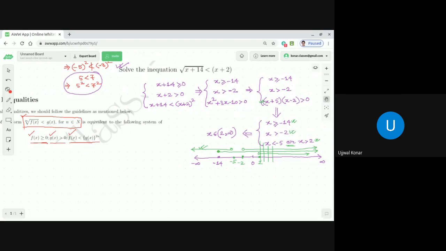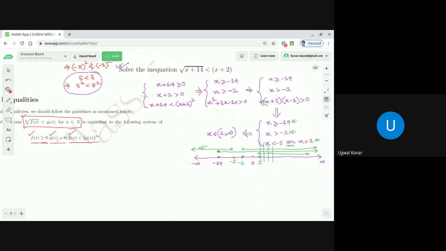If you open the previous class notes or video lectures, you will find that (x minus alpha) into (x minus beta) greater than 0 means either x is greater than the maximum of alpha and beta, or x is less than the minimum of alpha and beta. And that's what we have done. (x minus 2) into (x plus 5), that means (x minus 2) into (x minus of minus 5).